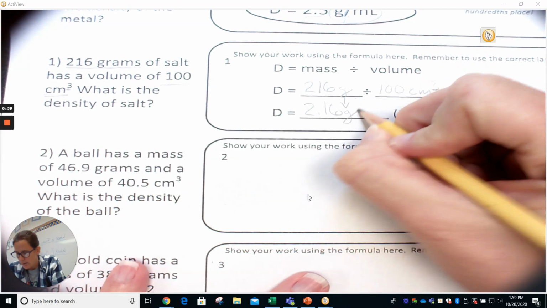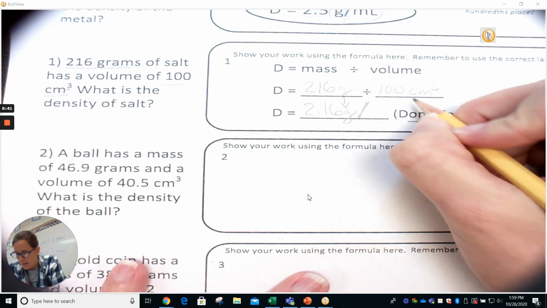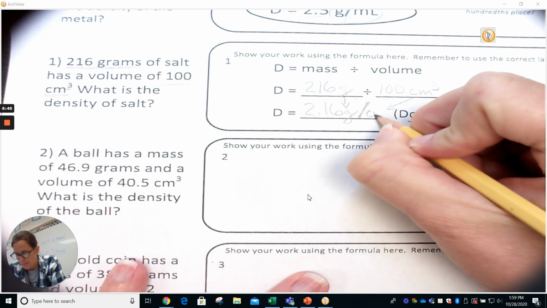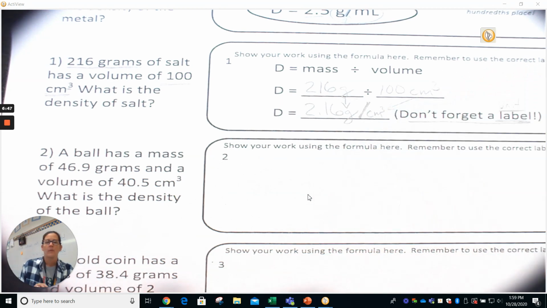So I'm going to have a gram and then a per centimeter cubed, so cm cubed. So our answer to number 1 here is 2.16 grams per centimeter cubed.